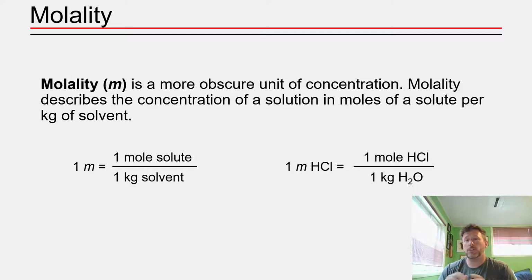This is a more obscure unit of concentration which is primarily used in predicting the magnitude of colligative property changes. So for instance, in general chemistry, when you talked about freezing point depression, boiling point elevation, surface tension, osmotic pressure, you started to use molality, because molality is the concentration unit that most directly connects amount of solute to how much it changes the colligative properties of a mixture.